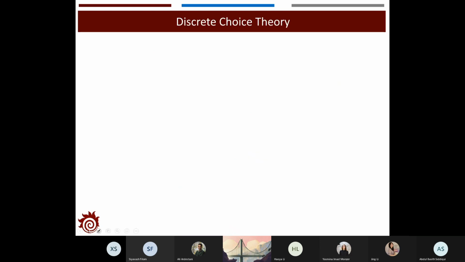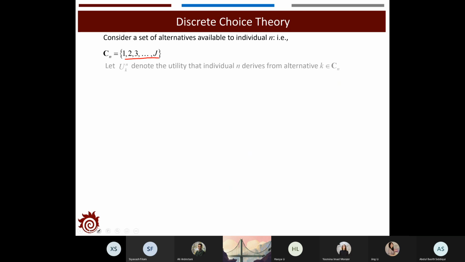Of course, this is a simple example. What we should do for the discrete choice model is expand this to the general case. So let's go back to what we have defined previously. First of all, consider that there's a set of alternatives available for the individual n. As we defined previously, we have J different alternatives, and we also define the utility for each individual with respect to each alternative.